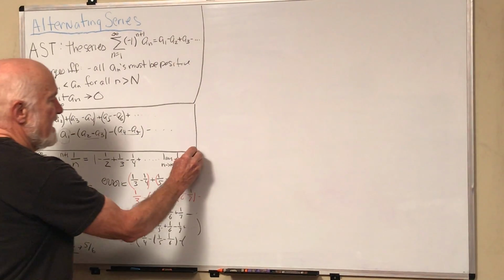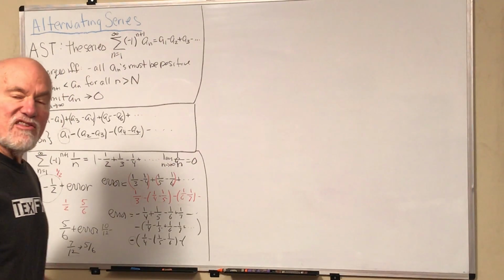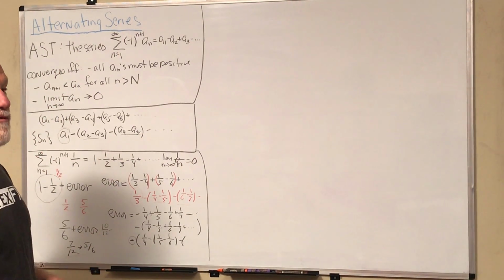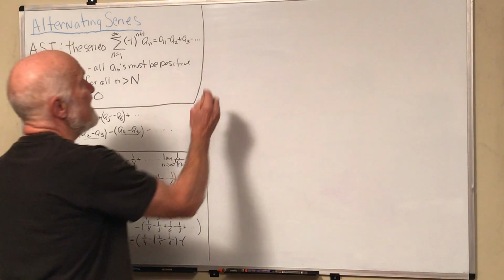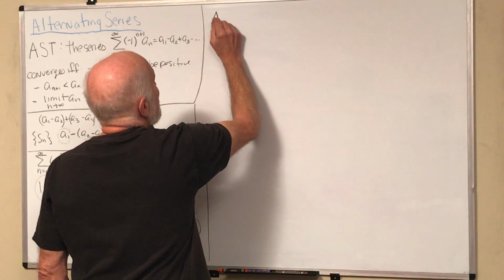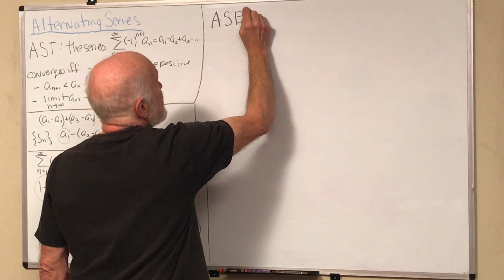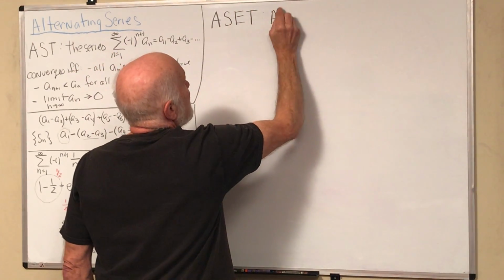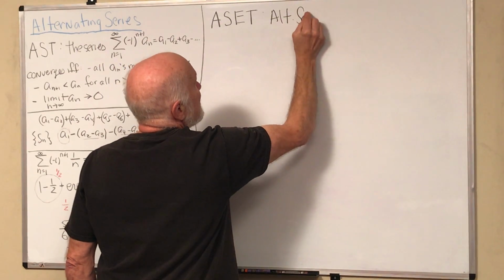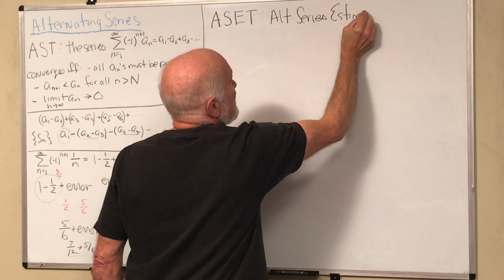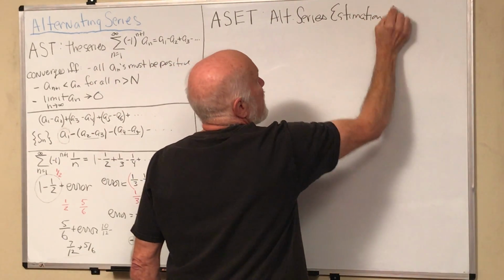So anyway, the reason I did that example is because this is just an example of what we can do in general with alternating series. There's the Alternating Series Estimation Theorem.